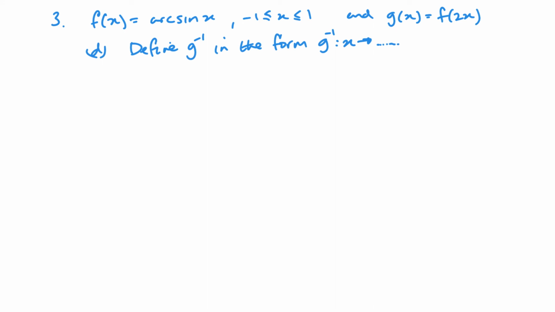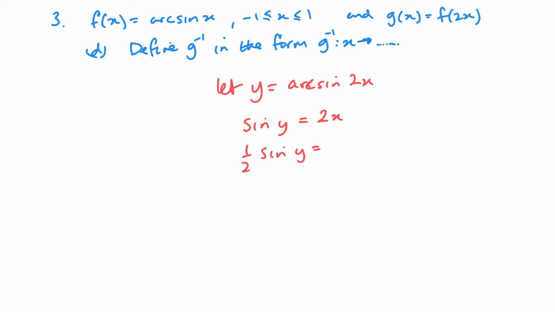So let's look at it. We want the inverse, or g to the minus 1, so let y equals arcsine 2x. Sine y is therefore 2x. A half sine y is x.